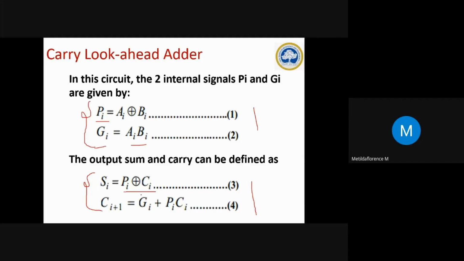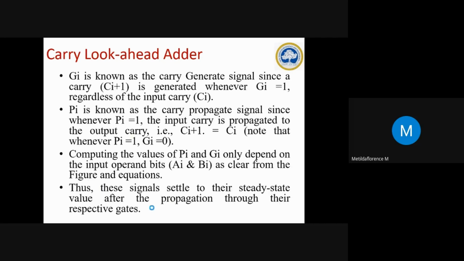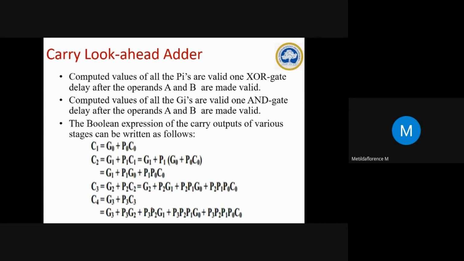From this, we are going to generate the expression for carry. How to make? See here, if you see C1, for example, here we have seen Ci plus 1 equal to Gi plus Pi Ci.